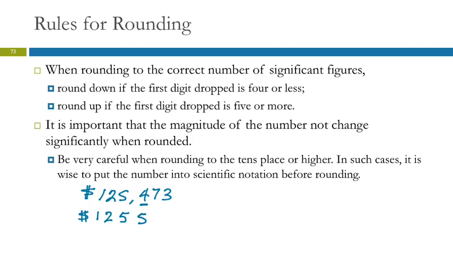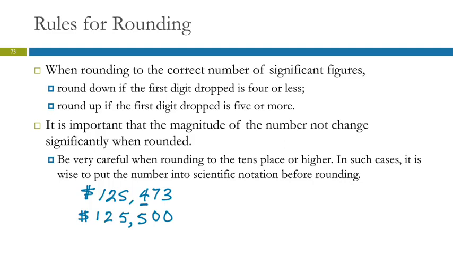No. You can't just round a number and end up with something that's 100 times smaller. I can't just drop the ones and the tens. I would need to put place-holding zeros in there so that this is still 125,000. So it's rounding to the nearest 100.